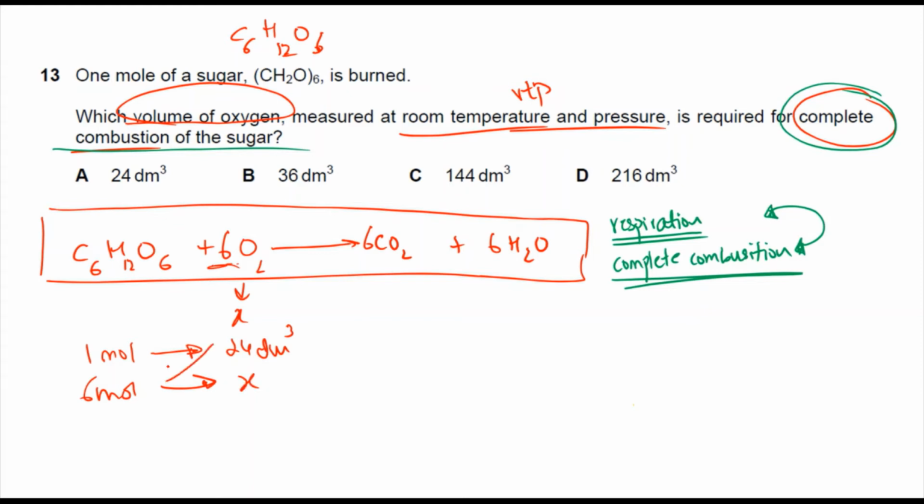How many will they occupy? Cross multiply. So that's 6 into 24, and that will be 144 dm cube. So the answer is C.